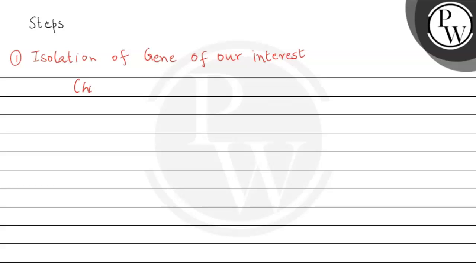Now, if we look through the basic steps of genetic engineering, the first step involves the isolation of the gene of our interest. For example, if we want to introduce the human insulin gene into a bacteria for the production of insulin by the bacteria, then the gene of our interest will be the human insulin gene.